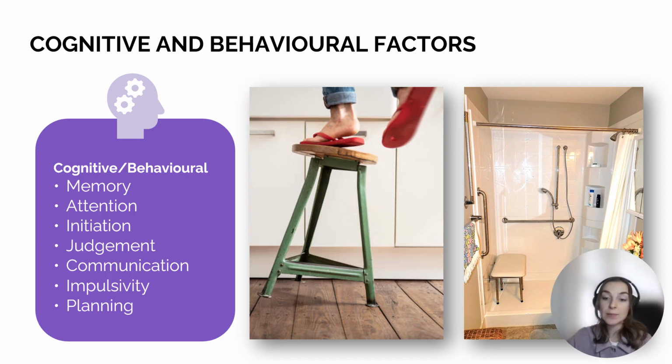We also sometimes see clients reach up for the shower rod instead of using the grab bar. And the shower rod's not graded to support a person's body weight. So in addition to the physical impacts we saw, keeping the cognitive and behavioral in mind as we start to think about our role in supporting client safety.